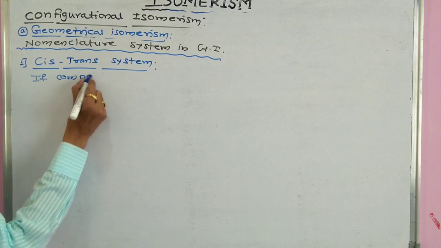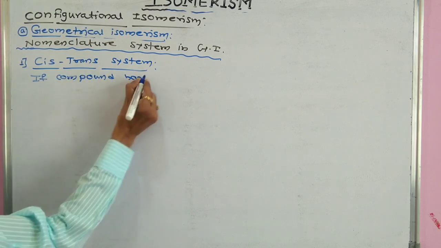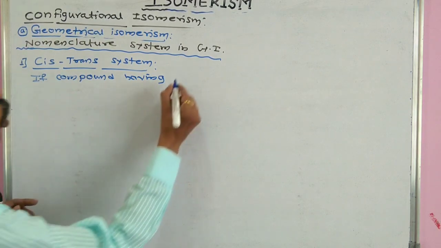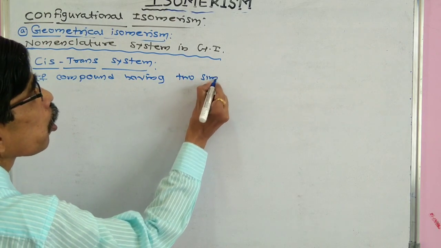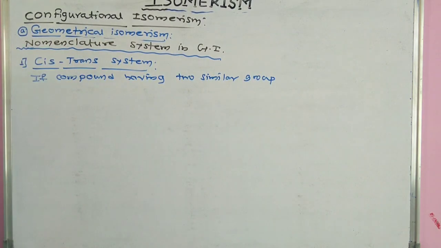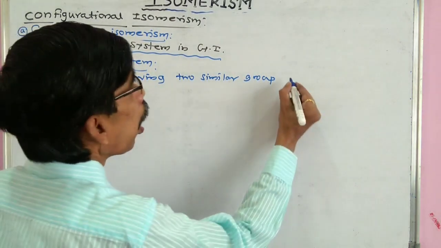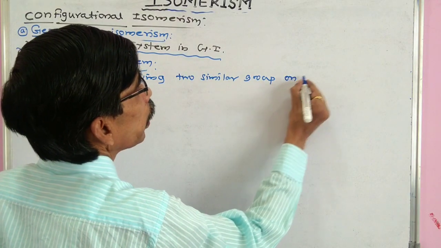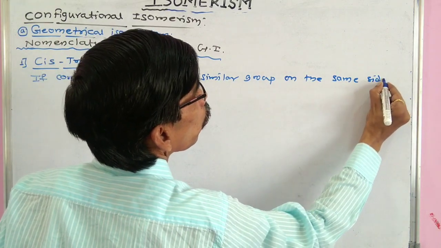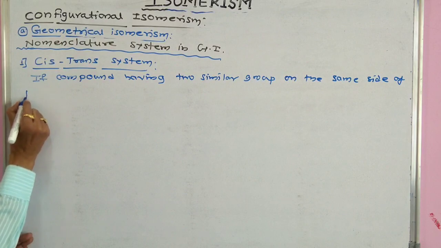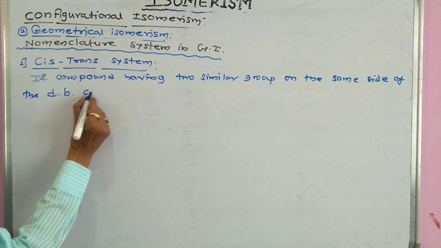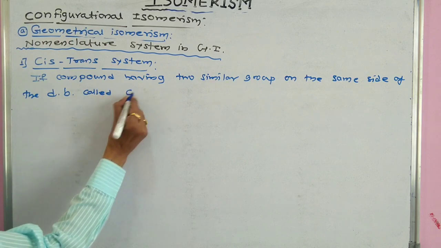Now, in the cis-trans system, if a compound has two similar groups on the same side of the double bond, it is called the cis isomer.